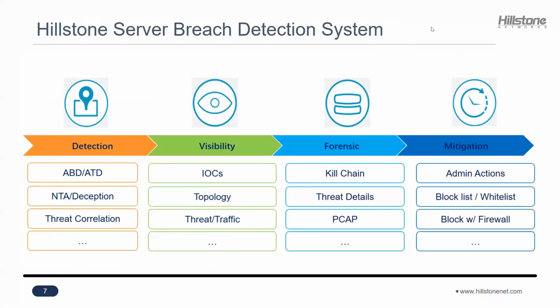In conjunction with the firewall, it can block these particular events, particular IPs, and particular flows. So from detection to visibility, to forensic analysis, to mitigation, this is a complete threat attack detection, prevention, and action chain the BDS appliance can do today.